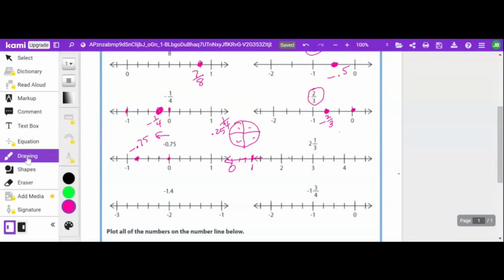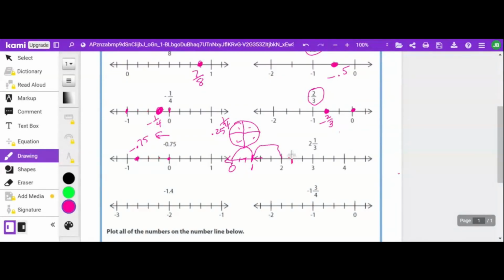So if we're going to go to 2 1/3, I've got to start at 0, and go to 1 and then to 2. And then from 2, how many hash marks to the right do I go to get to 2 1/3?